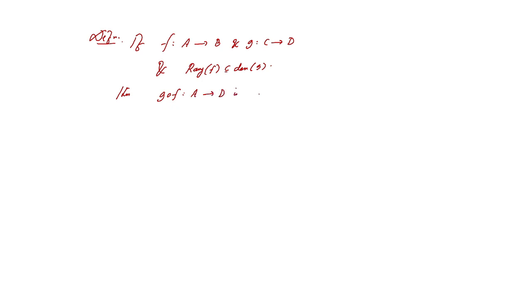The definition is: F is a map from A to B and G is a map from C to D, and the range of F is a subset of the domain of G. Then G composed F from A to D is defined, well defined, and G composed F is defined as G of Fx for all x belongs to A.